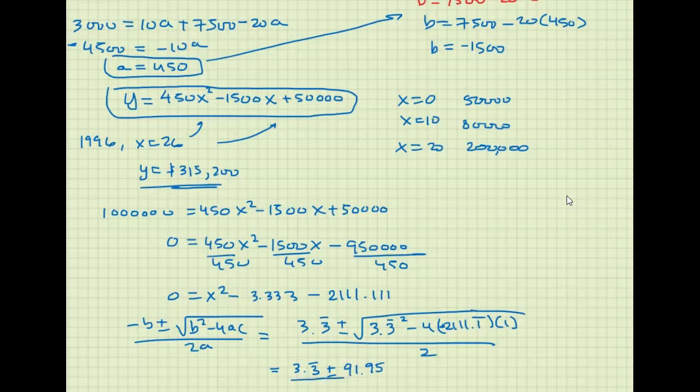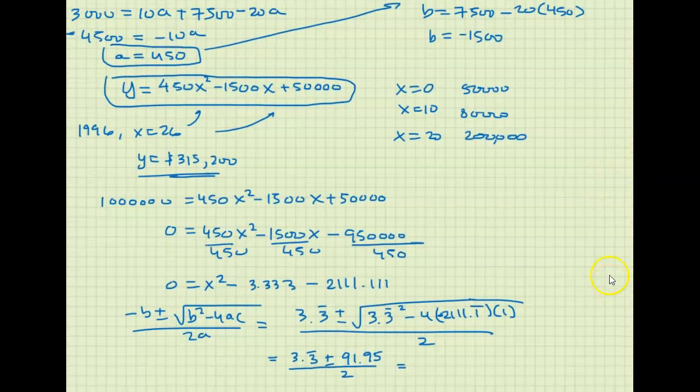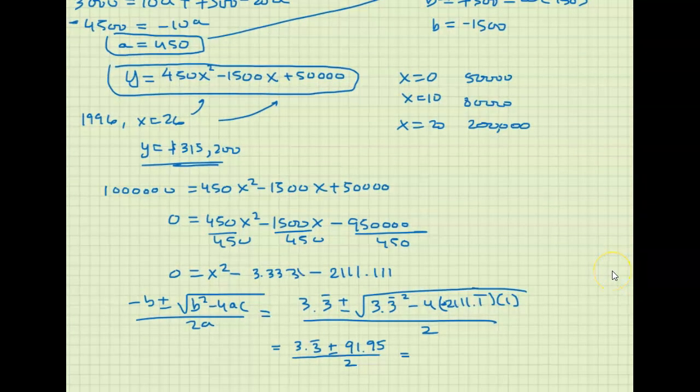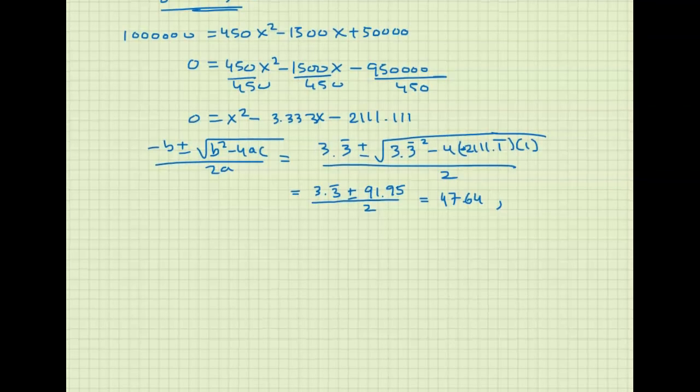91.95 divided by 2. So let's do 3.33333 plus 91.95 divided by 2. We get 47.64. The other number is negative, and since we're looking at years, we don't need that.